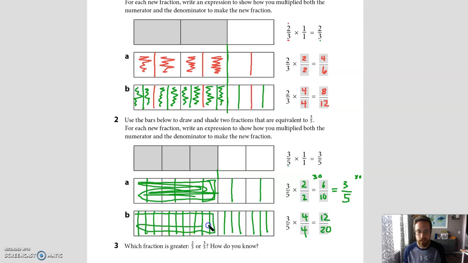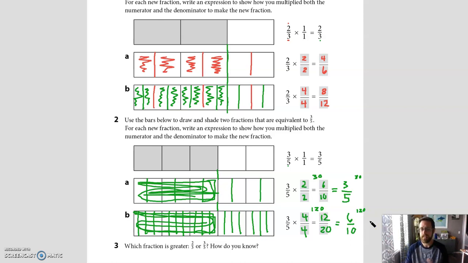There you go. Then I shaded in 12 of the 20 pieces, and again, they're equivalent. And if I wanted to check, I could do 6/10. Well, 10 times 12 is 120. 6 times 20 is 120, and 120 is equivalent to 120. So they're equivalent fractions. So there you go.